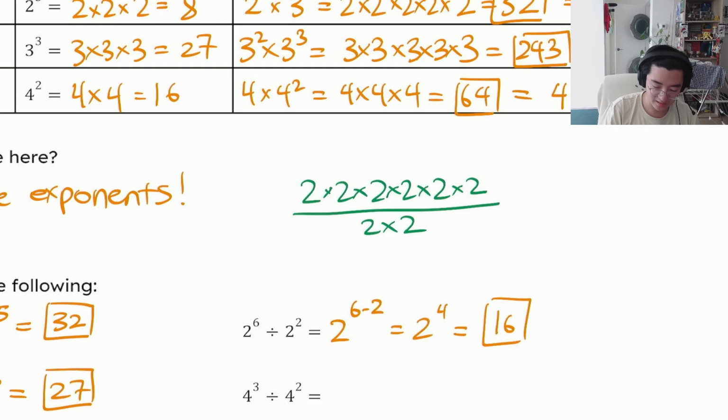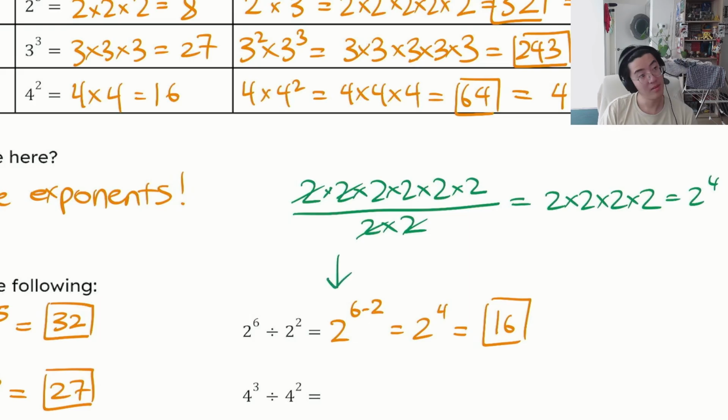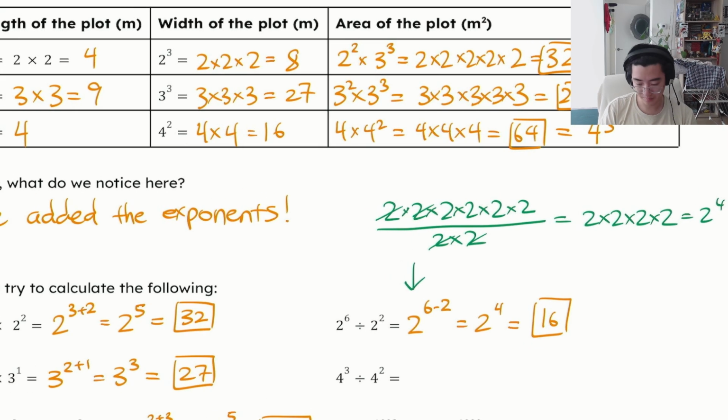And as you can see, you can cancel. Those 2s cancel out, leaving us with 4 of the 2s, which is 2 to the power 4. So that's why division works too. We're literally just subtracting the exponents.